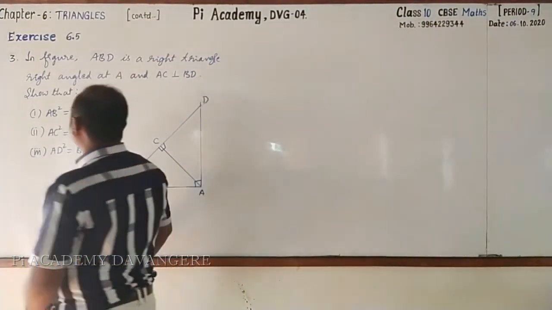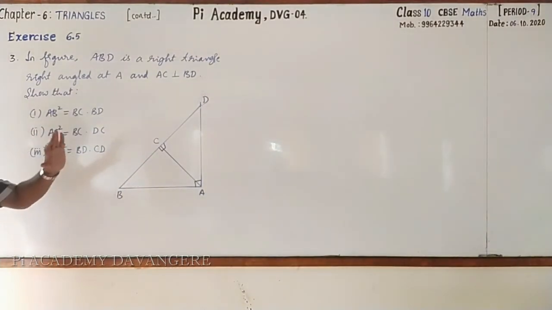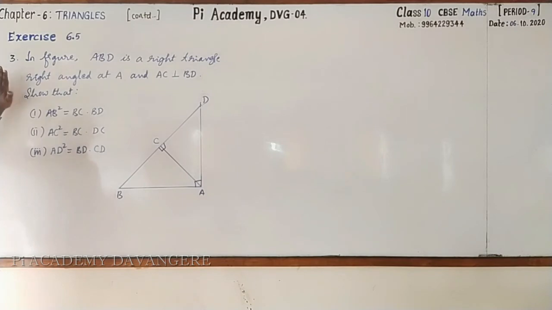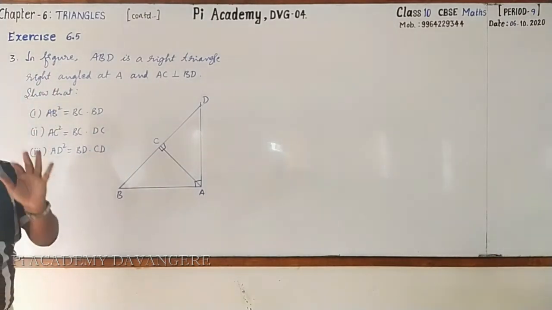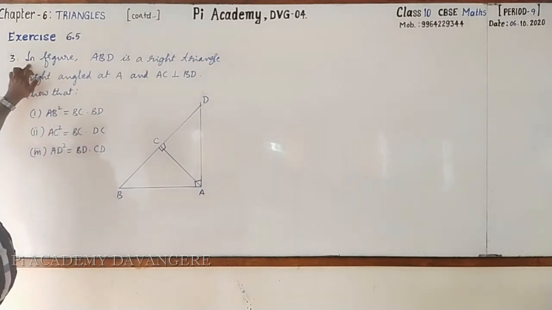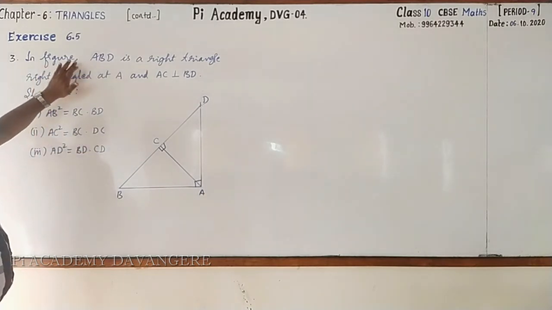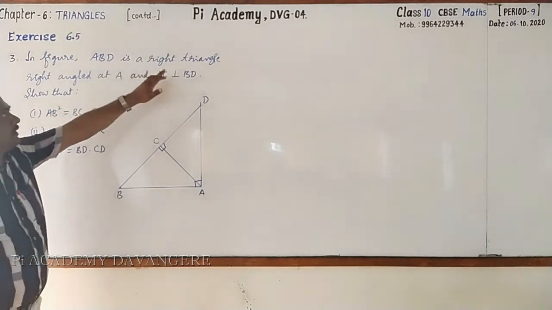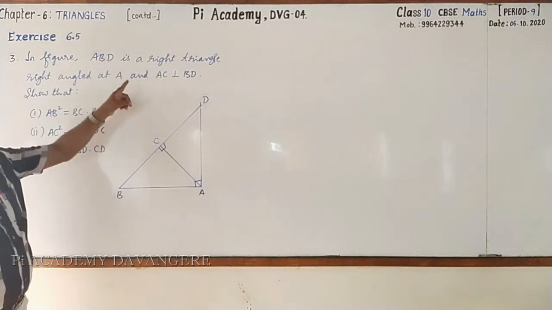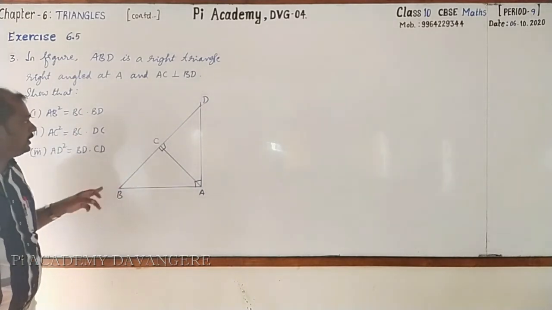Dear students, here they have given the third one. It is similar to the previous one, the second one. Please go through this, and the results must be remembered. I'll tell you how to remember them in the easiest way. In this figure, ABD is a right triangle in which the right angle is angle A, and AC is perpendicular to BD.